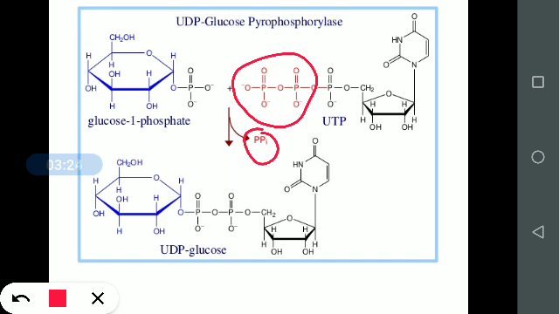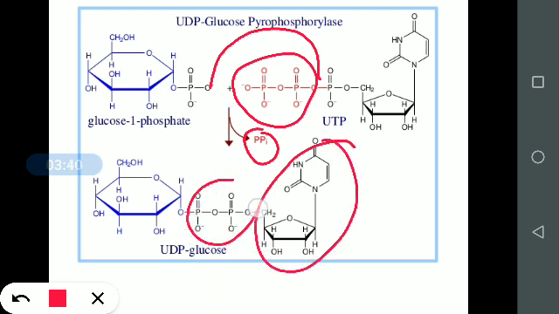PP is nothing but pyrophosphate. The remaining phosphate group is attached to the UDP, that's why it is uridine diphosphate glucose. So glucose 1-phosphate is converted into UDP glucose in the presence of UTP. Here one UTP is utilized. Another diagram I will show.